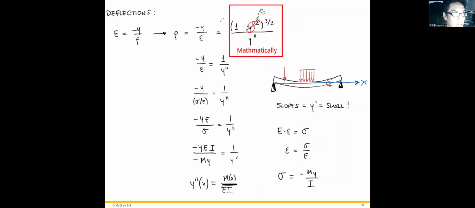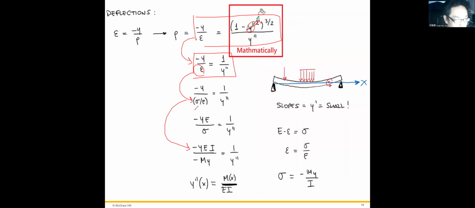Therefore, we can just rewrite this to the next equation, right? So minus y over rho equals minus y over y double prime. Okay. So from Hooke's law, the strain equals stress divided by Young's modulus, right? And just rearrange this.